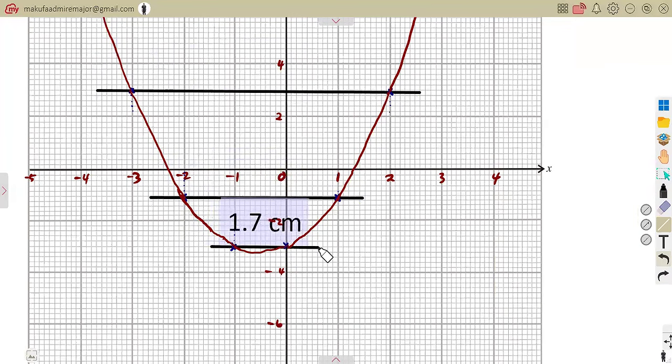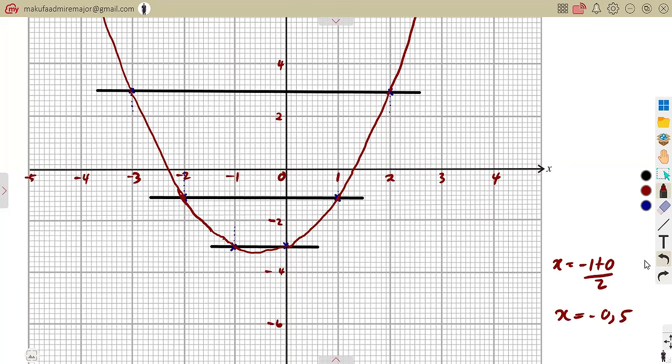Here, these are x values, this horizontal, all these are horizontal lines. So when I'm saying the values of x, I'm saying what is the x here at this point? It's -1. What is the x here? It's 0. If you take these 2 points, x is equal to, you add -1 plus 0 over 2. That is the value of x at the axis of symmetry or the line of symmetry.